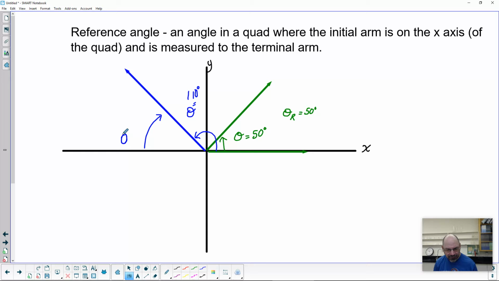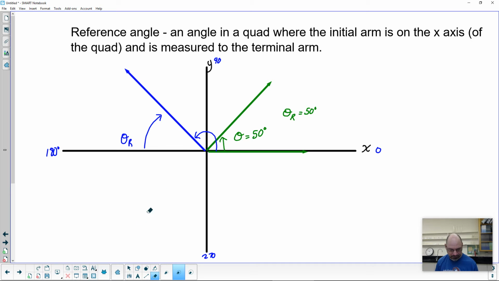This is theta r. If this is 180 degrees over here, we know that this is 90, this is 0, and this is 270. You can figure out what the reference angle is by going 110 degrees. Actually, that's more than 110. Let's put it at 120. Sorry, guys, because 110 would be a 10-degree angle.